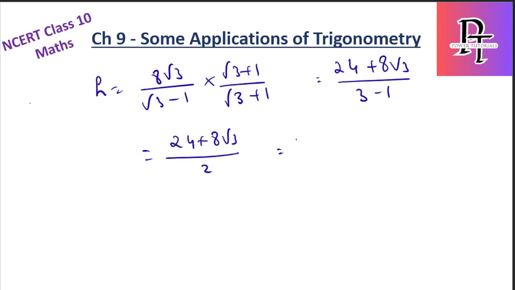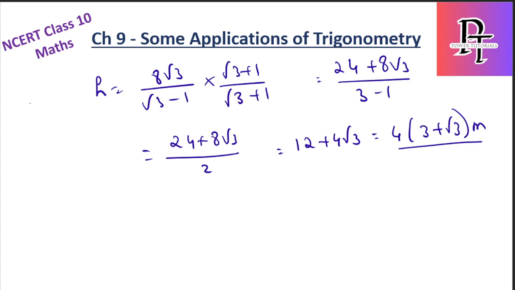So this I can write as 12 plus 4 root 3, or simply I can convert it into 4 into 3 plus root 3 meters. So we got the height of the building, which is 4 into root 3 plus 3 meters.